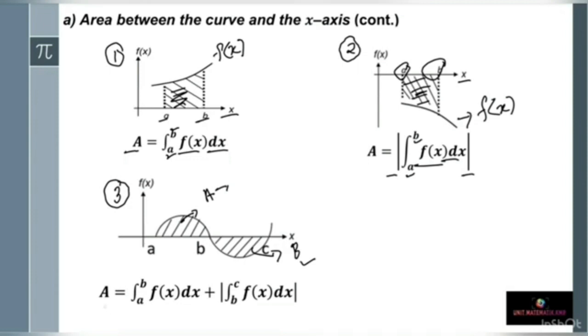So the total area is given by A plus B. For region A, we take the integration from a to b for function f(x) with respect to dx, plus the integration from b to c for function f(x) with respect to dx. Don't forget the modulus here.